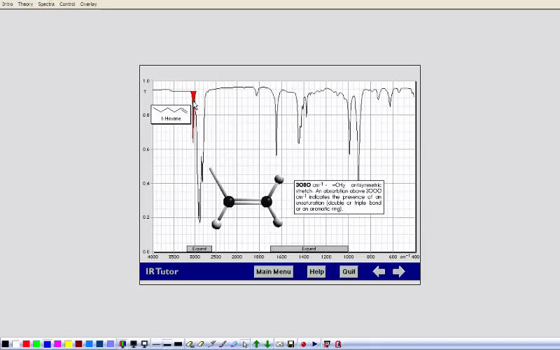Now it doesn't matter whether it's just a double bond, or whether it's an aromatic ring. The CH stretches are usually just above 3,000. So you can see this asymmetric stretch, they say, is at 3080. I think there's another one that's just at 3,000, the symmetric stretch.